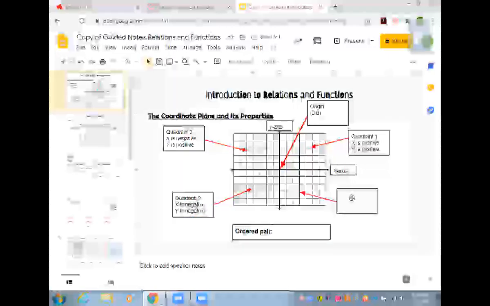And so that leaves us over here. This has to be quadrant 4. And in quadrant 4, X is positive and Y is negative.